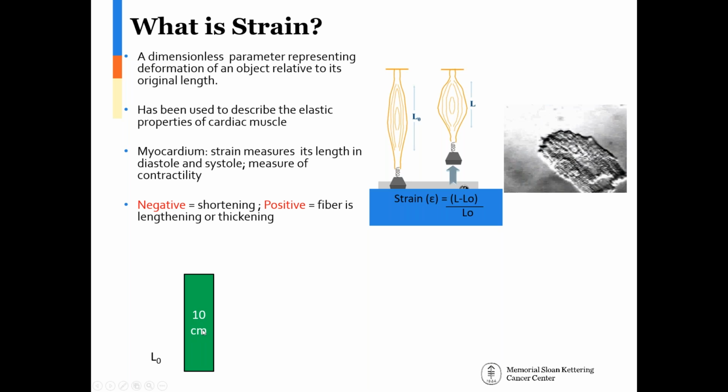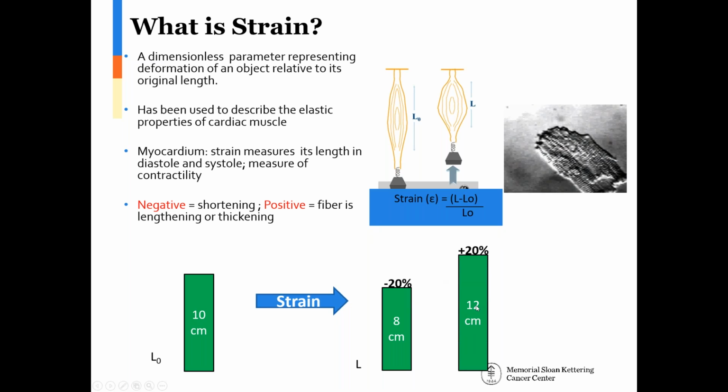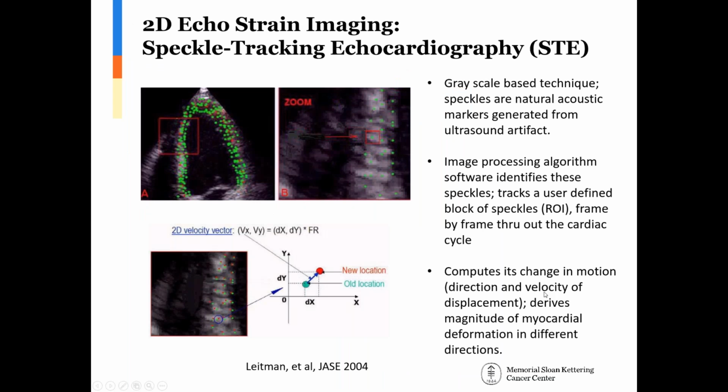So if the fiber starts at 10 centimeters and shortens to 8 centimeters, strain is minus 20%, according to this formula. And if it lengthens to 12 centimeters, then strain is positive 20%. And if no change, then strain is 0.